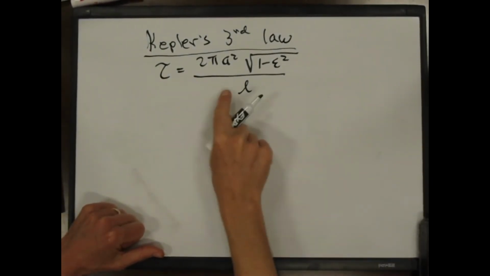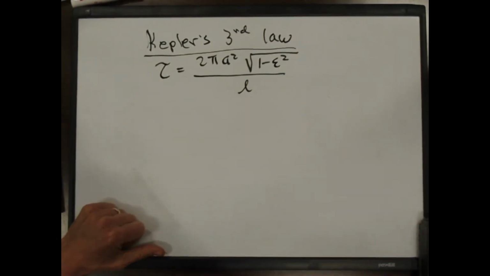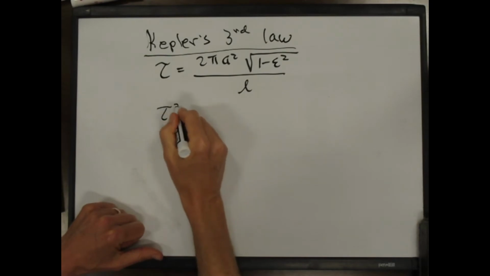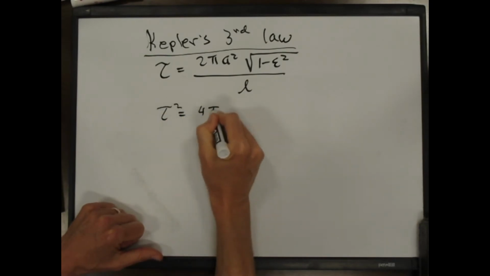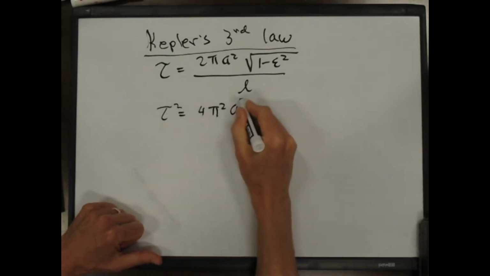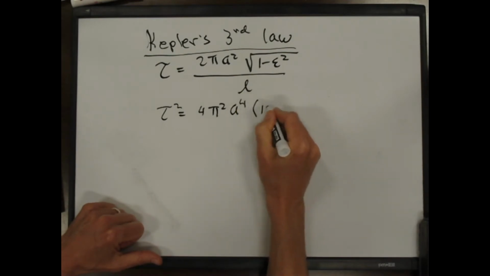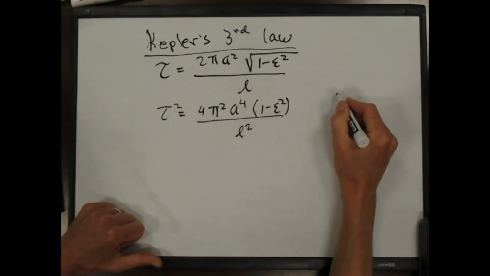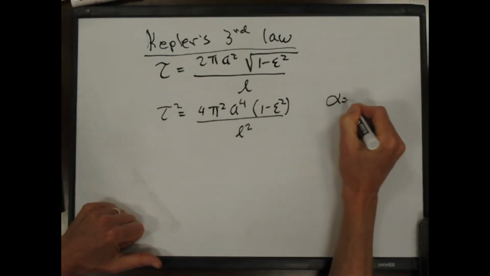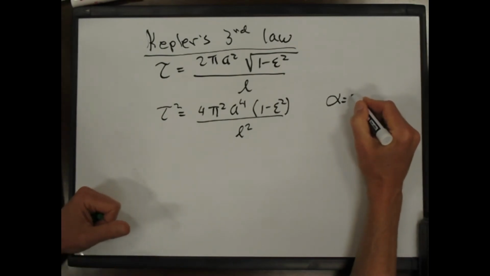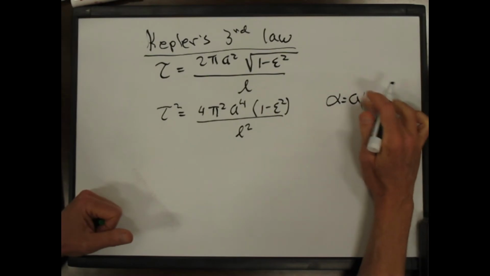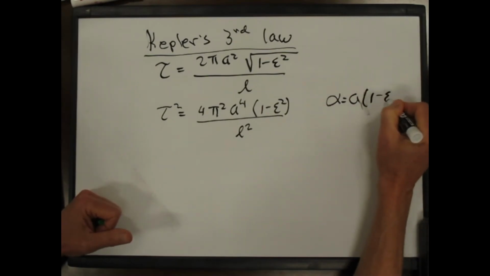So I've rewritten the period up here. We're just going to have to do a little math on this, right? And so I'm going to square both sides, and I get the period squared is equal to 4 pi squared a to the 4th times 1 minus epsilon squared over L squared. That's why we squared it, to get this guy out of a square root. And then we're going to remember that the latus rectum alpha is equal to A times 1 minus epsilon squared.